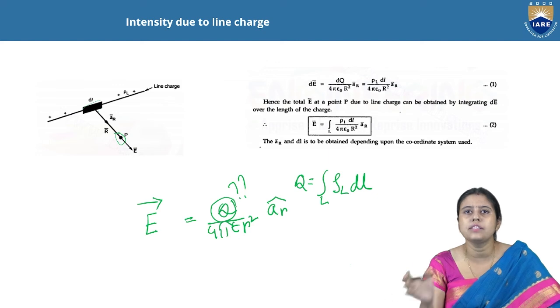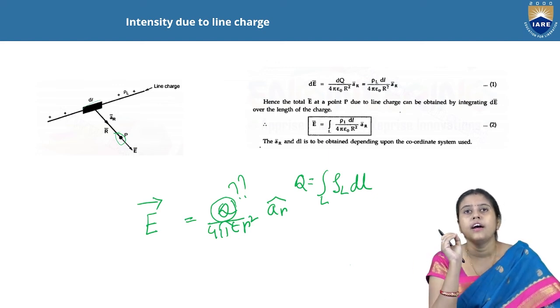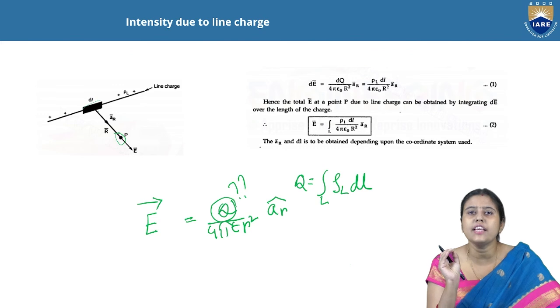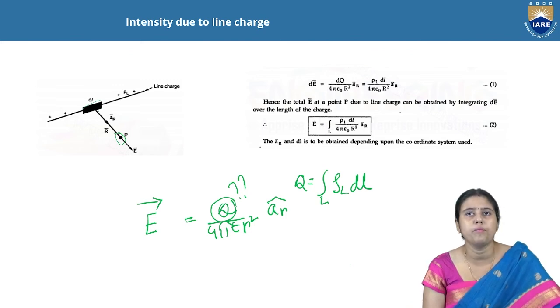Superposition theorem means the force on any point is due to the summation of the force due to each point. If we have to calculate the force on any point, we have to make the superposition, means we have to add the force for the individual points.